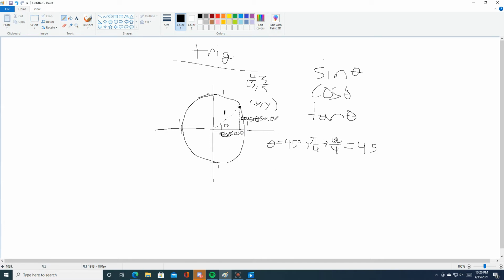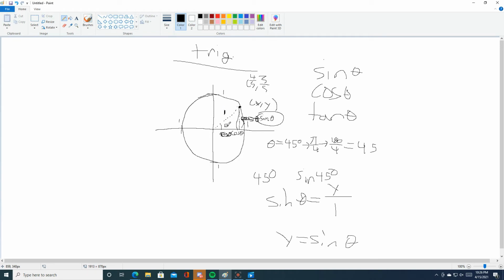We know theta is equal to 45 degrees, and we know that this length, y, is equal to sine of 45 degrees. So sine of theta is equal to this length y over 1. So y is just going to be equal to sine of theta, since the radius is 1.